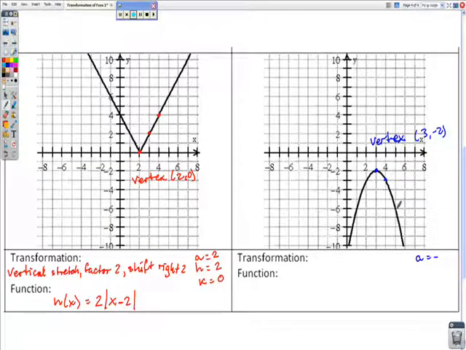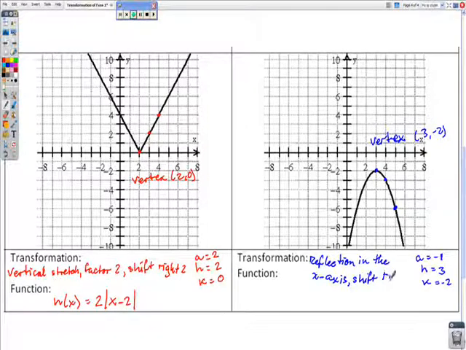H is 3, and k is negative 2. So our transformation is a reflection in the x-axis, and then a shift right 3 and down 2.